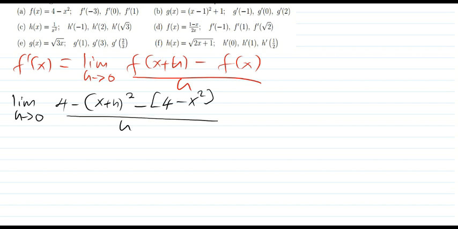Now you need to be very careful here. Since I've got two things here, I need to put this in brackets because this negative is affecting the whole function. So then I'll have limit as h approaches 0. This is the same as 4.